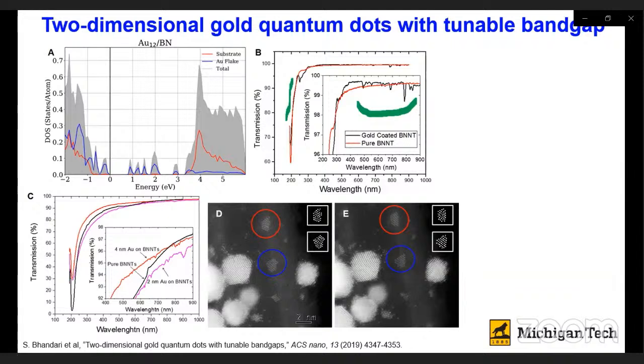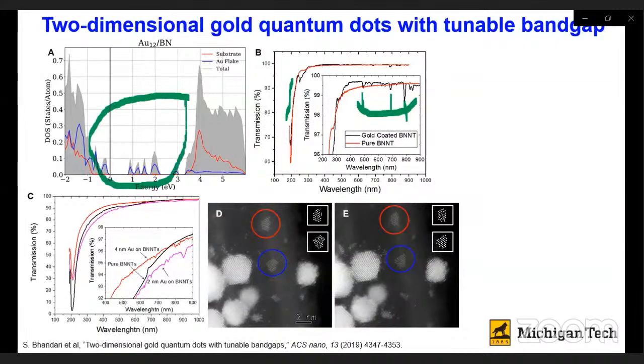As shown here, when the 2D gold quantum dots are coated on boron nitride nanotubes, we start to see a sharp absorption band, which indicates that those gold quantum dots are semiconducting particles with optical bandgap in the visible range.